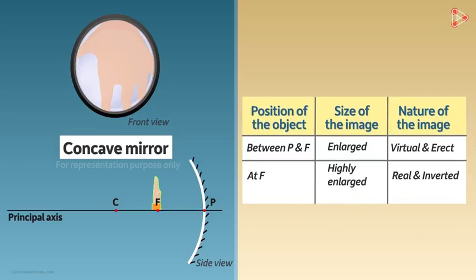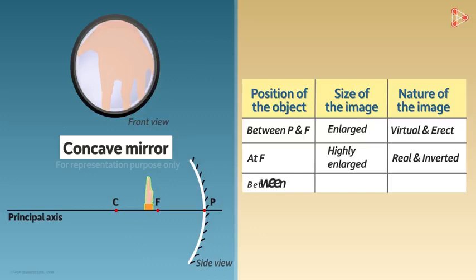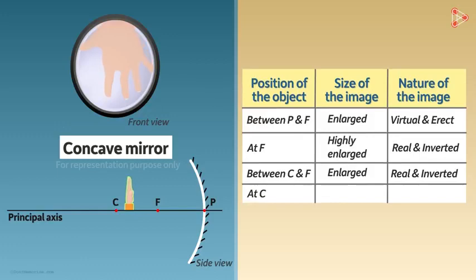When I start moving this object away from the focal point towards point C, the image is still enlarged, but the size is reducing. And what is the nature of this image? Yes, here as well, the image is upside down. It's a real image. When the object is at point C, the image is still real and inverted, but now the size of the object and its image is same.